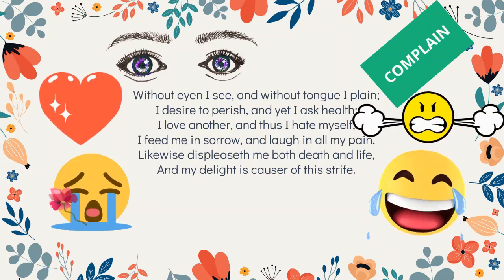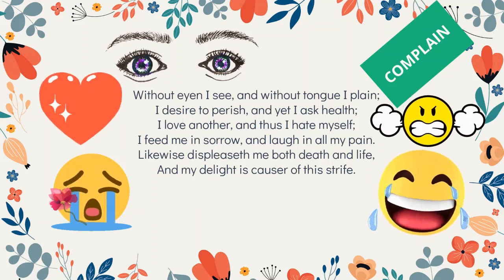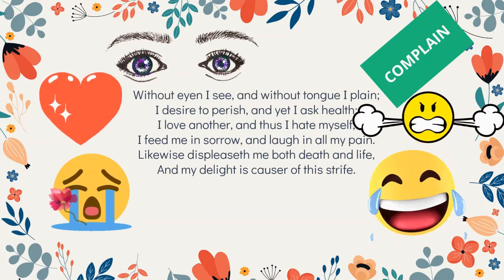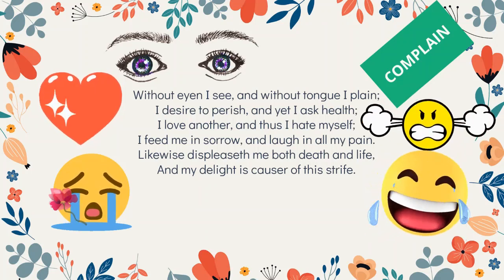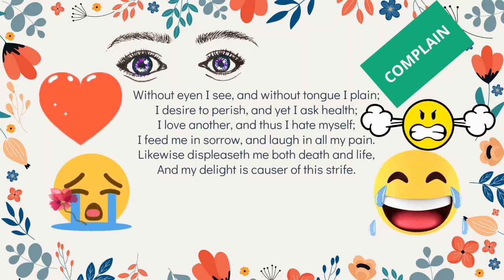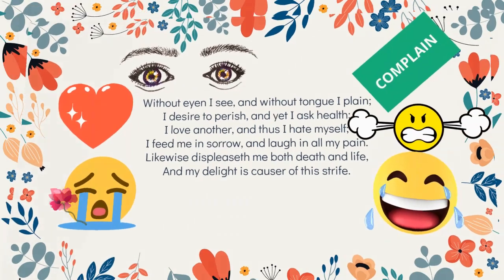So this paradoxical condition came into life because the speaker of the poem is in love, and the condition of loving someone and the result of that are explained respectively in the octave and the sestet of this poem.